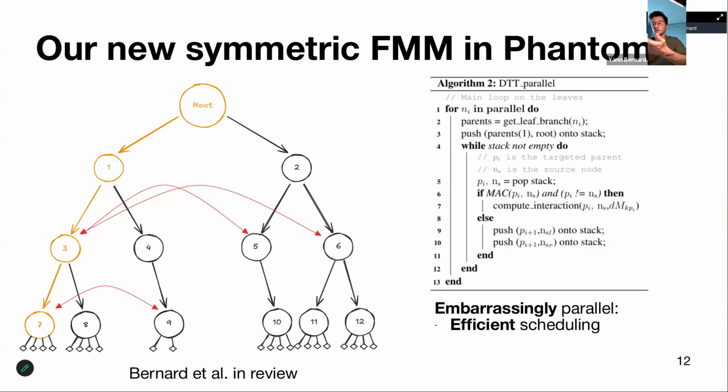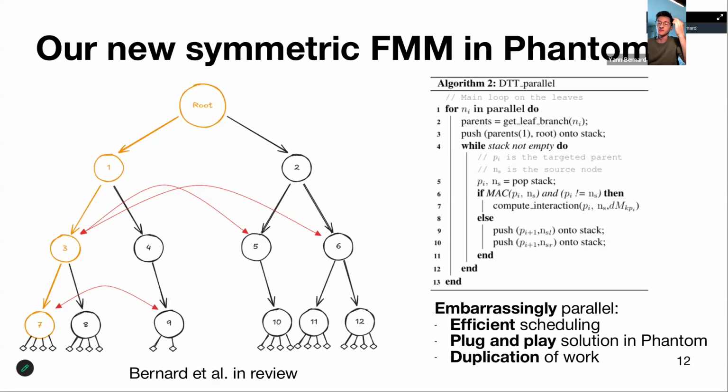That's good, because with that we have an efficient scheduling. It's also a plug-and-play solution in Phantom, but the problem is that we can duplicate a lot of work, because many nodes are shared between leaf nodes. So we have to compute interactions multiple times, which is not very efficient.